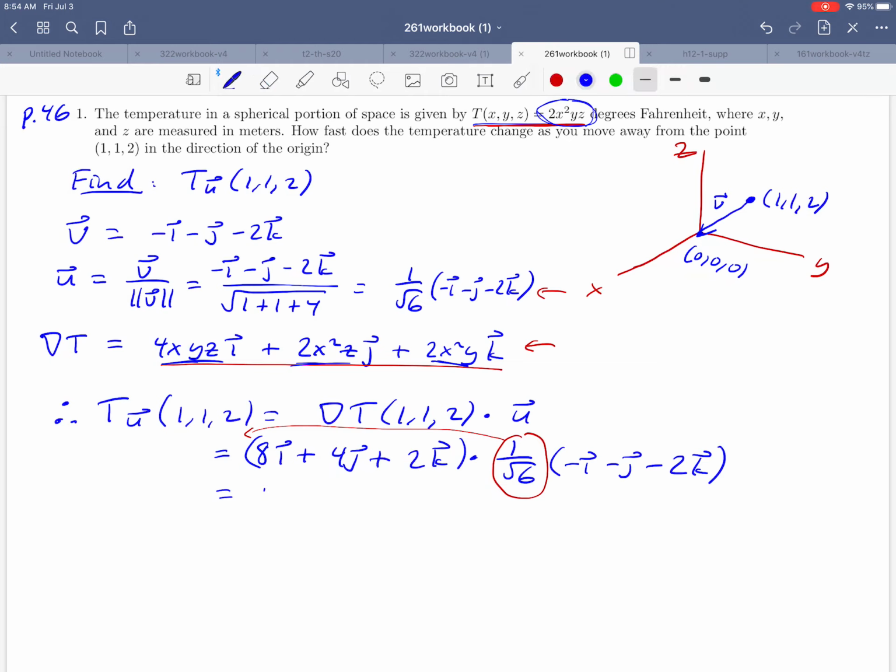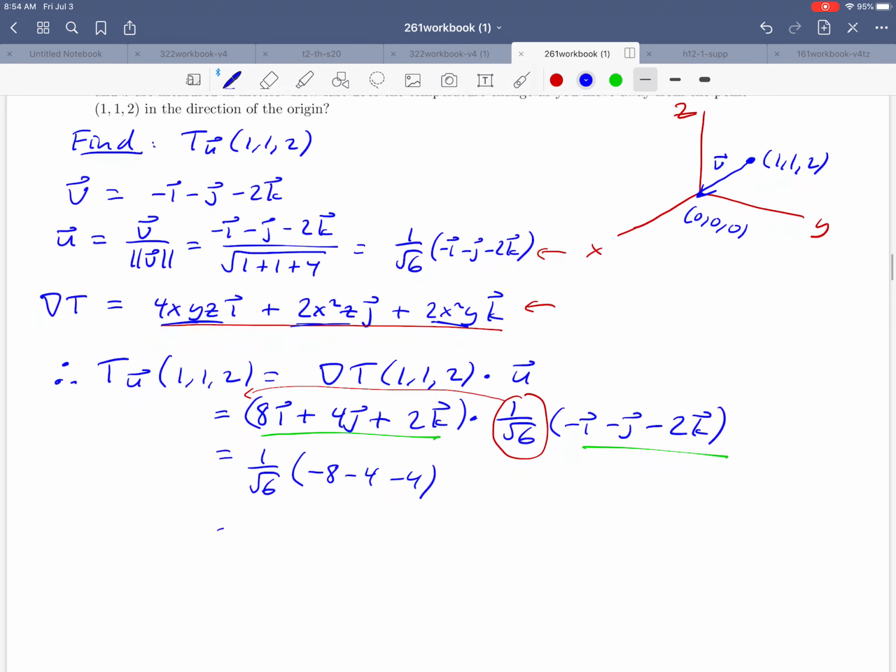That makes the algebra a little bit easier. So we've got 1 over the square root of 6 in front of everything, and then we take the dot product of these two vectors that I'm underlining. If you do that, we get -8, -4, and another -4. Put all of that together, and we get -16 over root 6, which if we round it off to a decimal would be roughly -6.53.